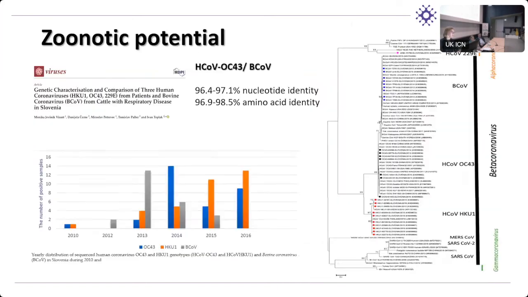And the last one that we were also looking for is zoonotic potential. So, a very close relation between OC43 and bovine coronaviruses in the same time period, but these are the results from Sanger sequencing.